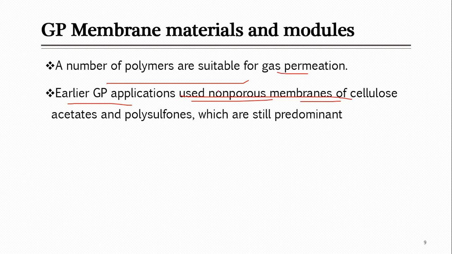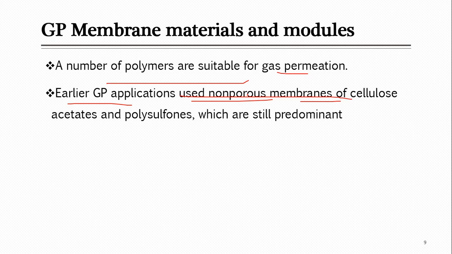As I told you in the previous slide, most of the time non-porous membranes are used, because with porous membranes it is difficult to have specific pores which allow some gases to pass through while others are retained. It's difficult compared to other applications which are size based separation. For gases, size based separation is very difficult. It is majorly done based on the diffusion through the membrane.